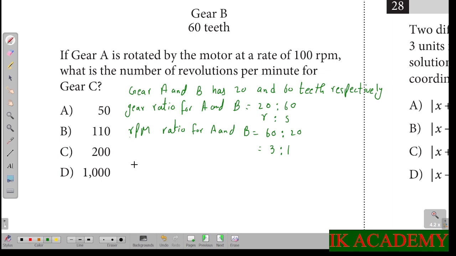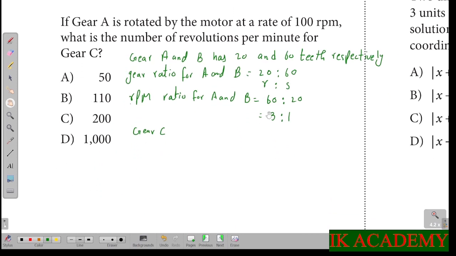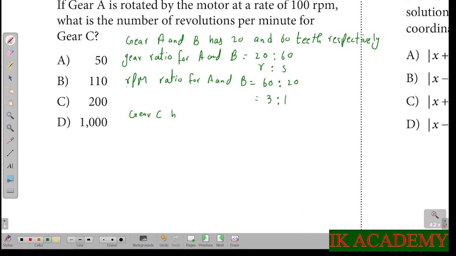Also gear C has 10 teeth, and gear C is connected with gear B. So the gear ratio of B and C is equal to 60 ratio 10, because B has 60 teeth and C has 10 teeth.